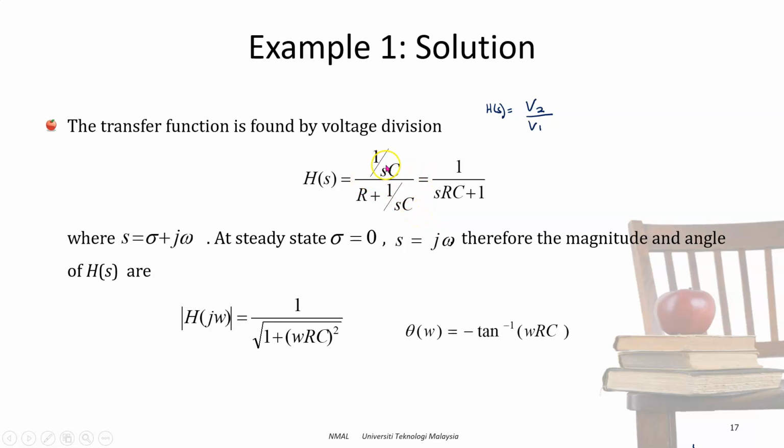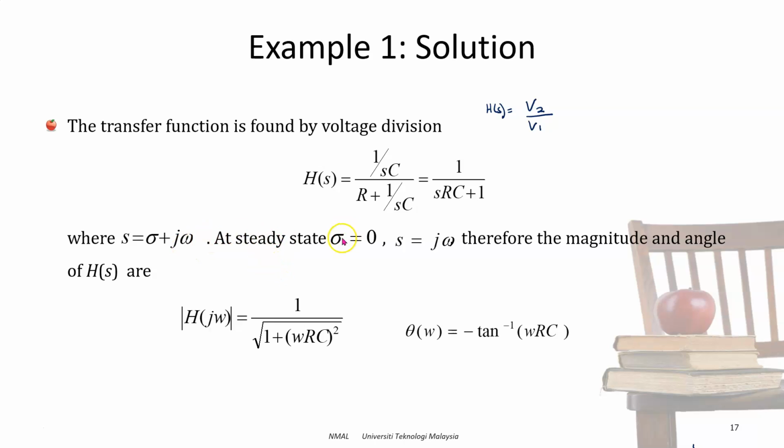We rearrange this so that it becomes equal to 1 over (sRC plus 1). When you simplify and solve this, you get 1 divided by (sRC plus 1). Here s is actually equal to sigma plus j omega.